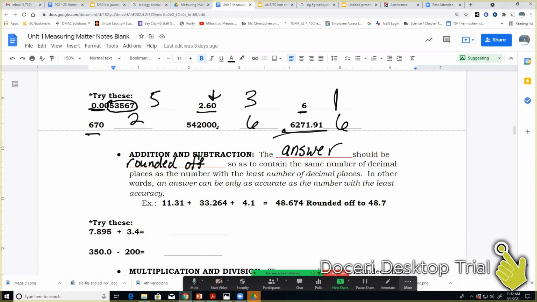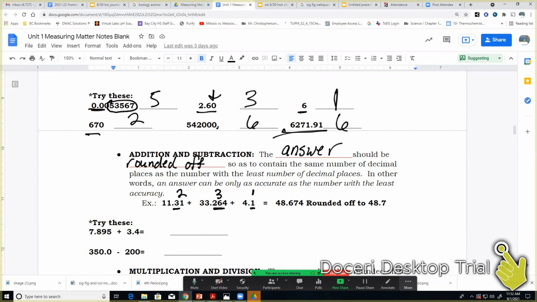So what that means, because it sounds like a riddle, is in other words, an answer can only be as accurate as the number with the least accuracy. So for addition and subtraction, you're looking at places behind the decimal. That's what you're interested in. This has 2 places behind the decimal. This one has 3, and that one only has 1.